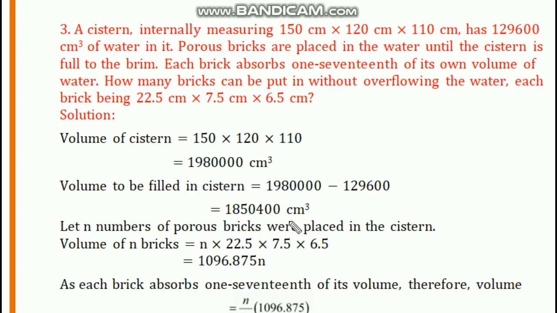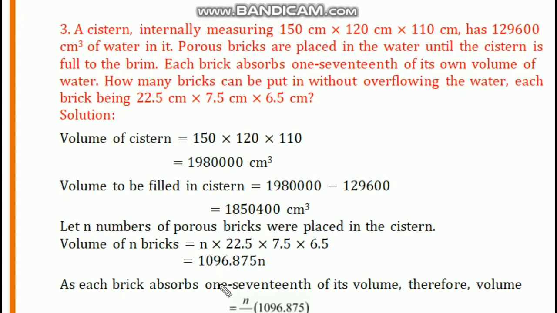Okay. So next we need to find out the volume of one brick. The volume of one brick is 1096.875. We know that the brick is also cuboid shaped. That is the volume of one brick.